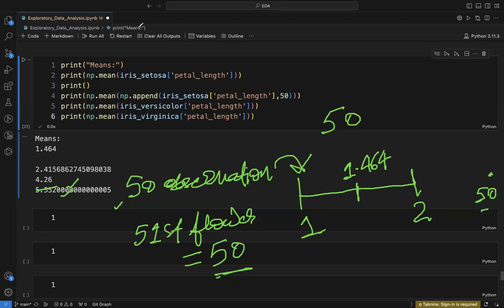Now, when I append such a value, the mean is 2.4115. Earlier my mean was 1.464. Now you see my mean gets shifted to 2.4115.